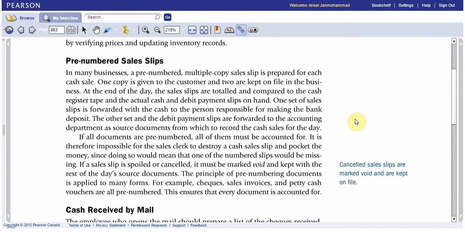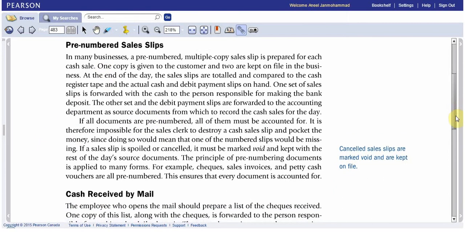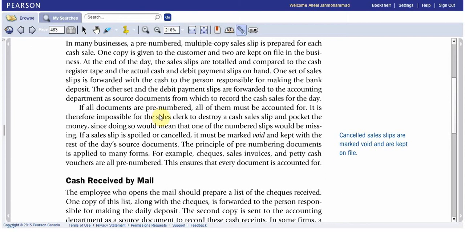Same thing with debit, same thing with credit, all the individual transactions. That's a good procedure.